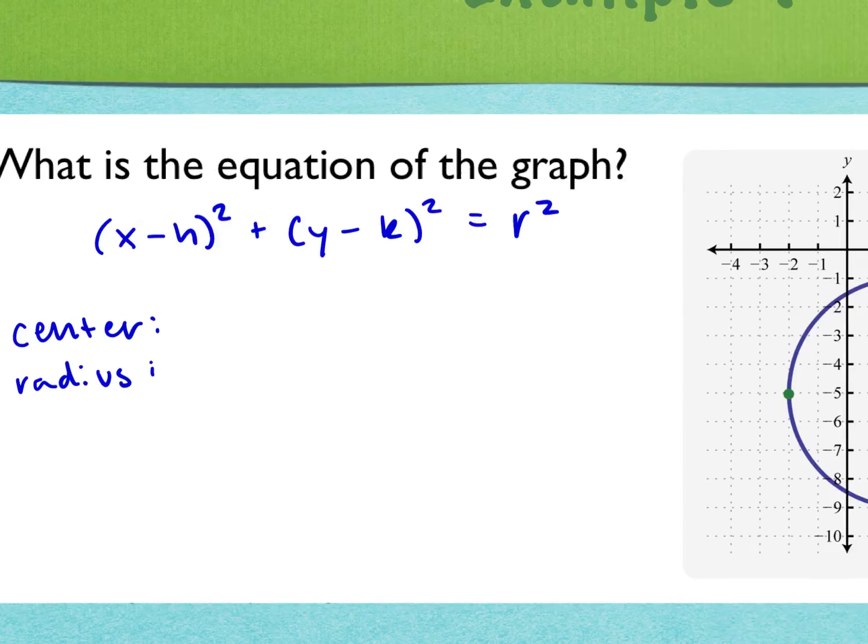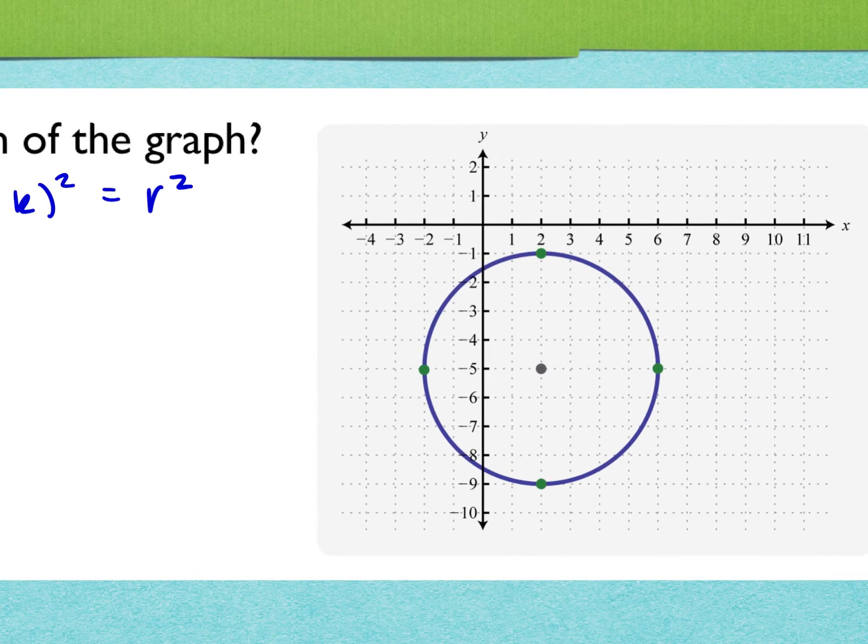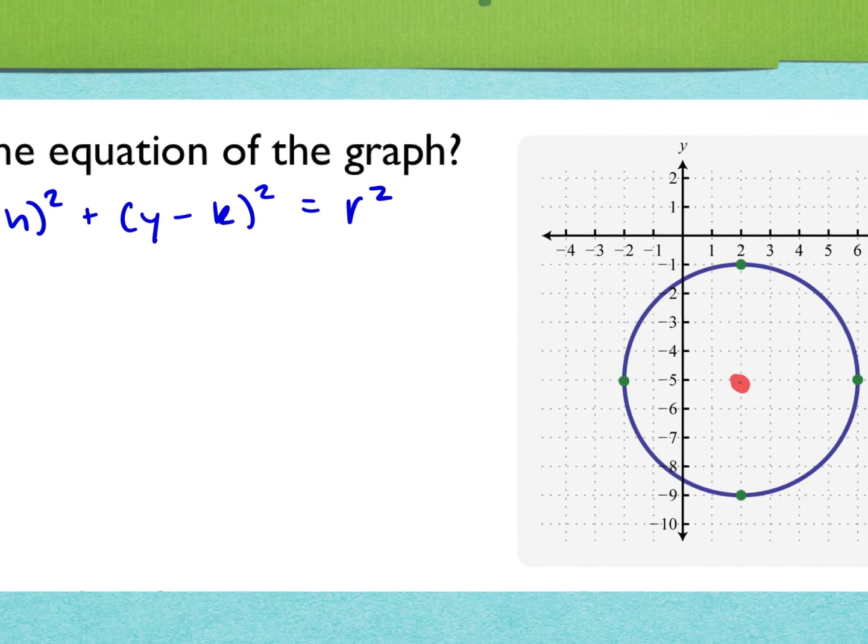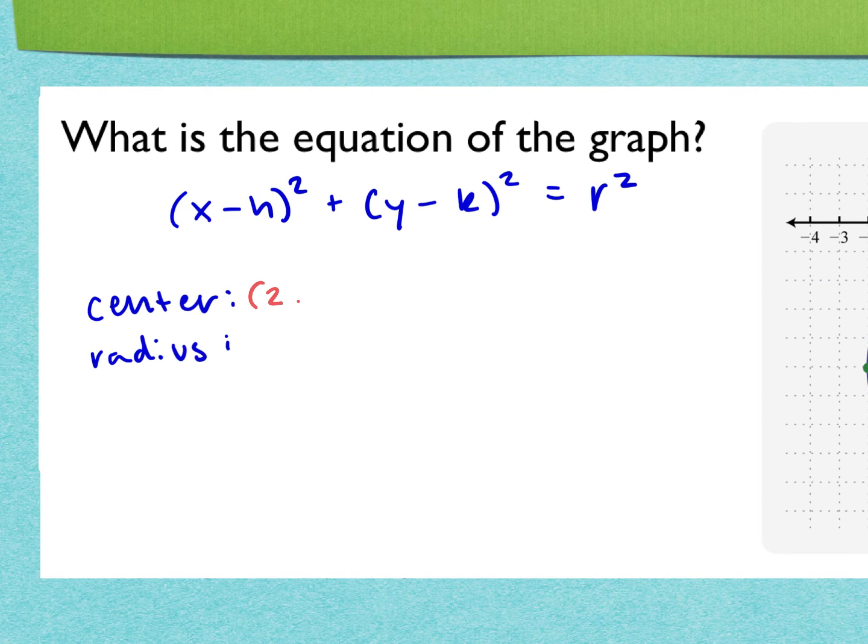So looking at our graph, what's our center here? What point is that? 2, -5. So this would be 2, -5. So the first one's our h, the second one's our k. So we're going to plug 2 into h and -5 into k.